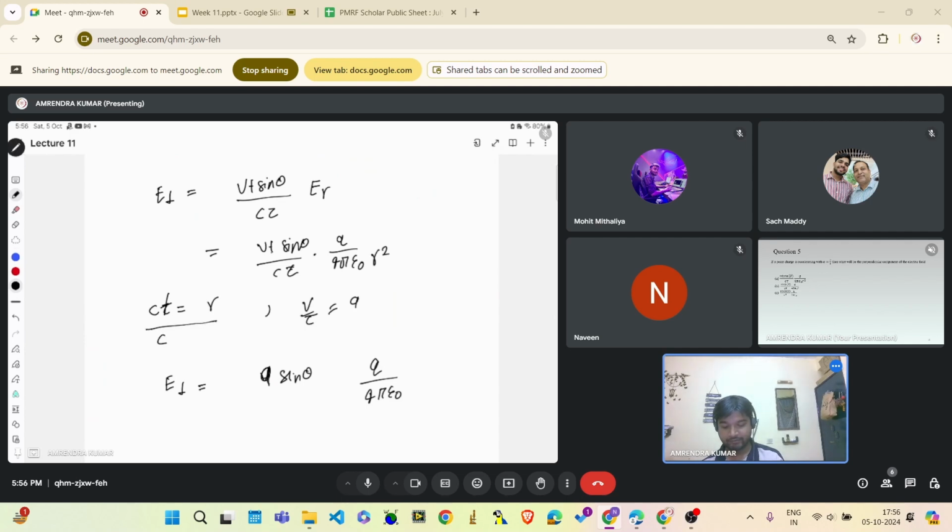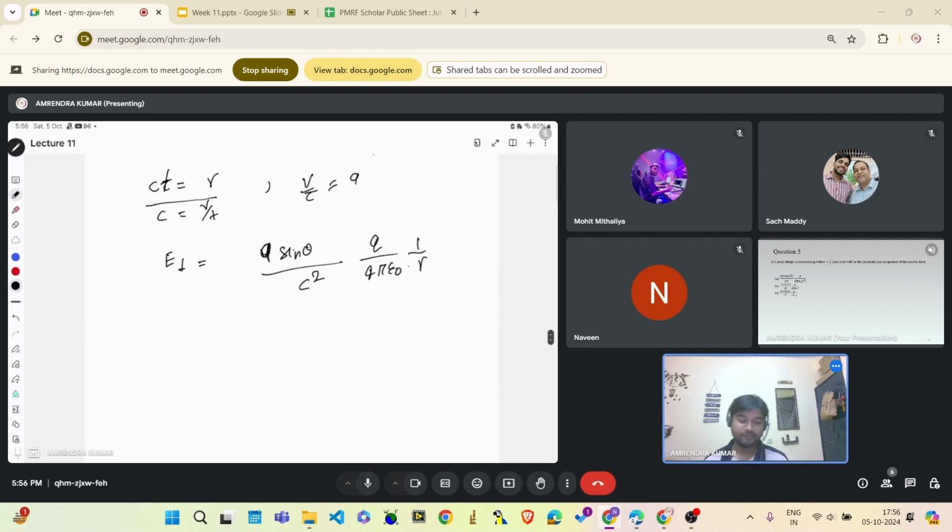Since c is equal to r by t, this t will come in the denominator and then become c. Write c square and r. So we find that this electric field becomes a sin theta over c square, times 1 over 4 pi epsilon naught, q by r.